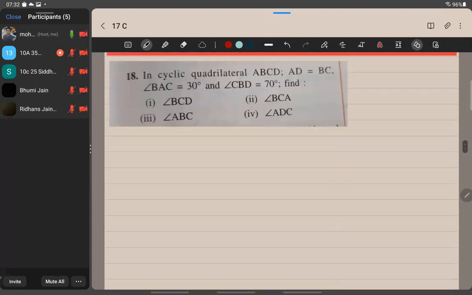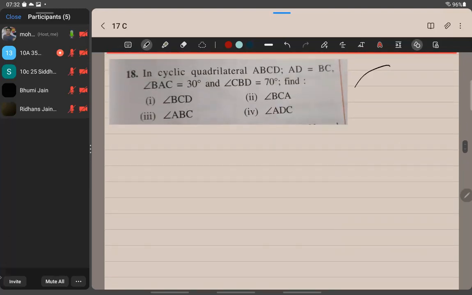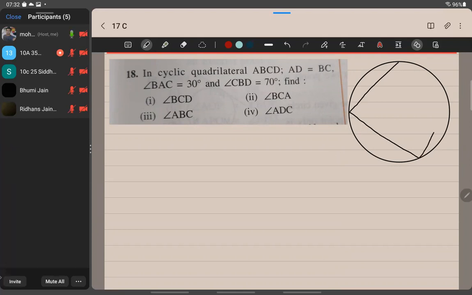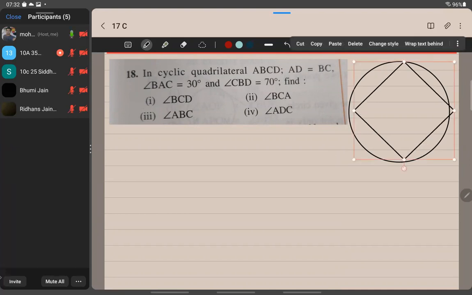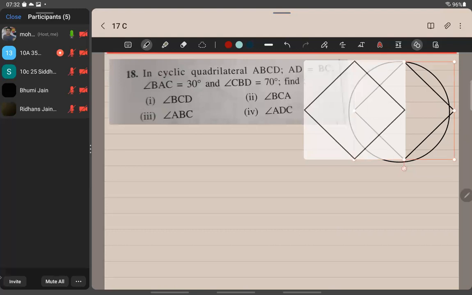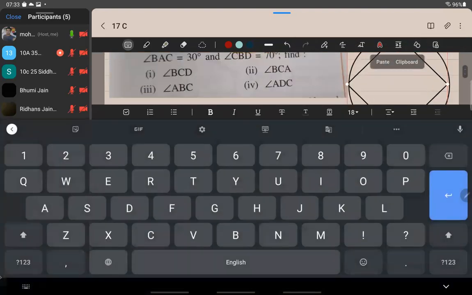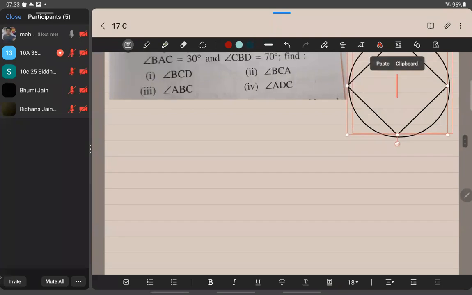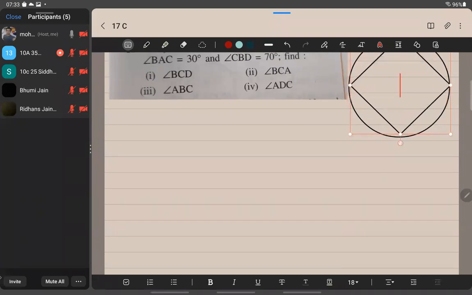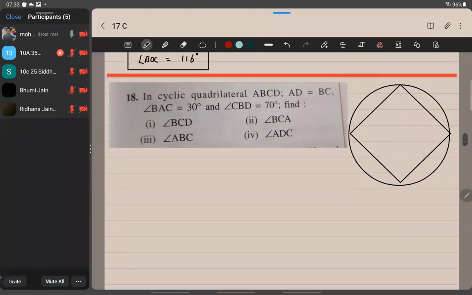We don't have the figure in this, no? So here we have a circle and a cyclic quadrilateral.